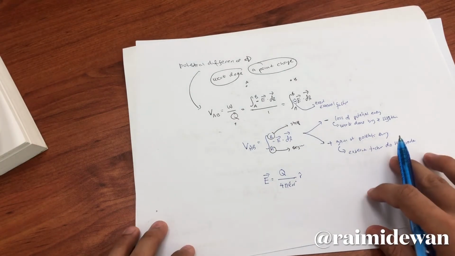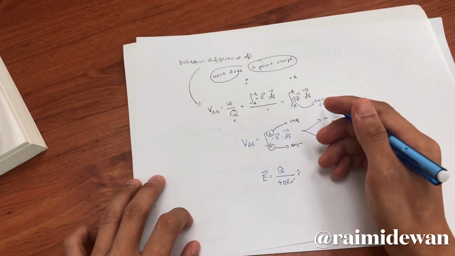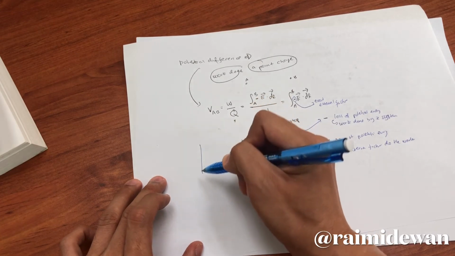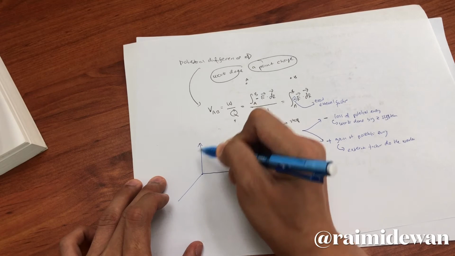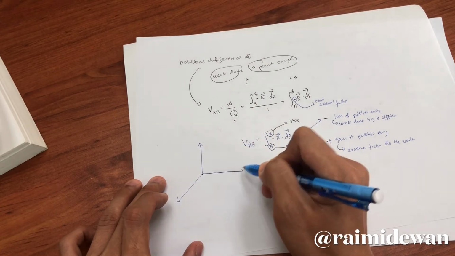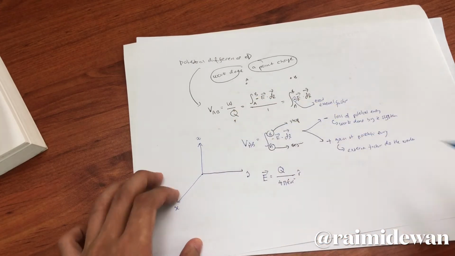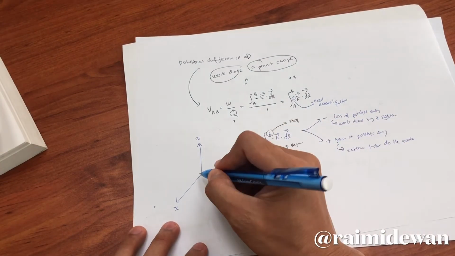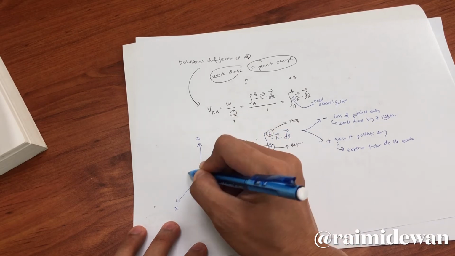Okay. Imagine that in this case, you are using spherical coordinates. Imagine that you have a spherical system, and there is a charge here. Just for simplicity, you put it at the origin.